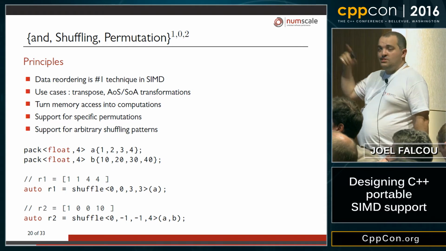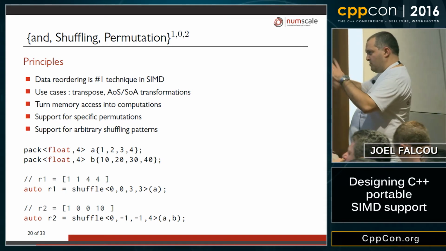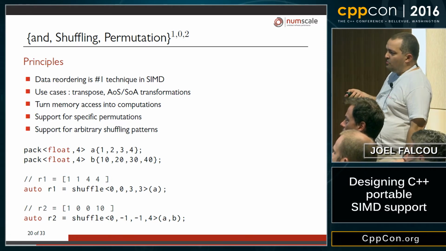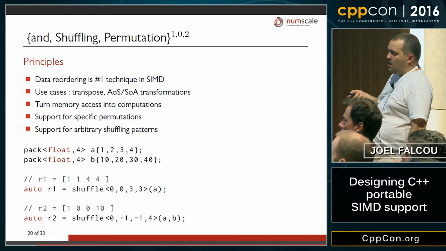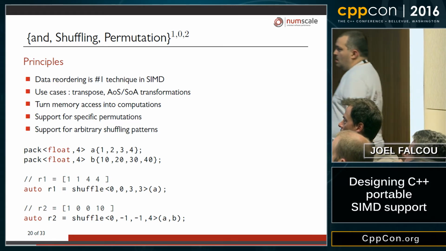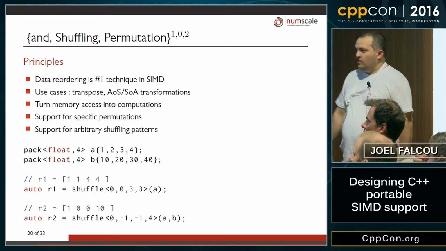Some SIMD extension sets have a special intrinsic for this, some don't, so we just wrap everything there and the optimal code is generated. So I'm taking the first element of A, I put 0, and I take the element 4, which is basically the first element of B, which is 10. So you can actually put whatever permutation you want there.